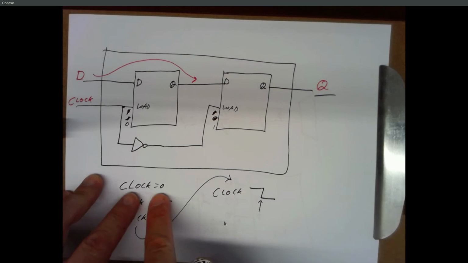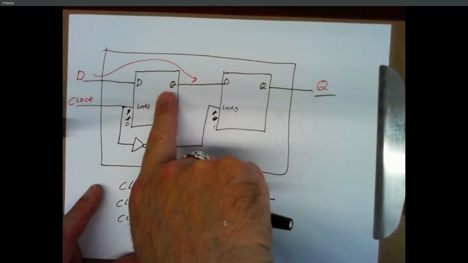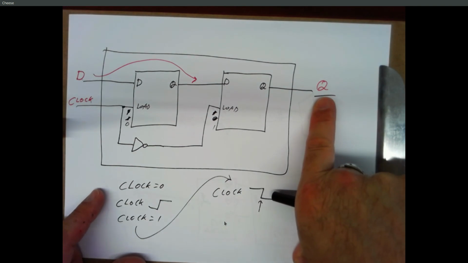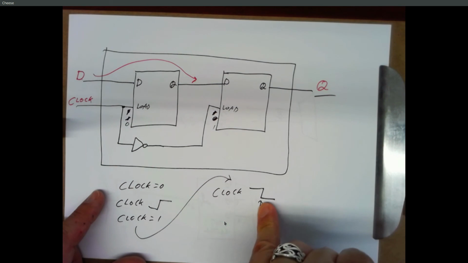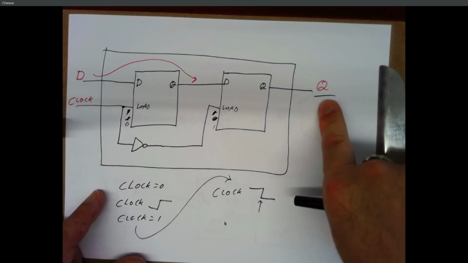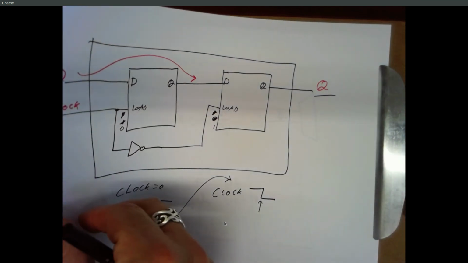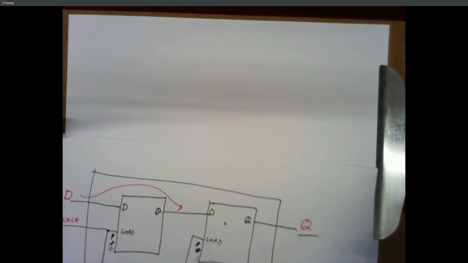And now, while the clock remains low, D can start changing some more, and it's not going to come through here, and so it's not going to affect Q. So the only time Q ever changes is when the clock drops from 1 to 0. And at that point, whatever value you have on D, that's what Q becomes. So this has a much nicer timing diagram.